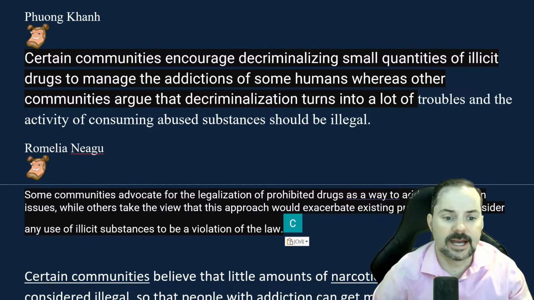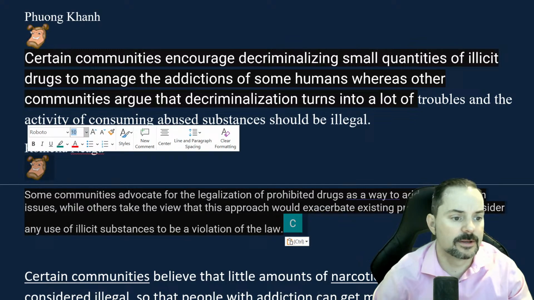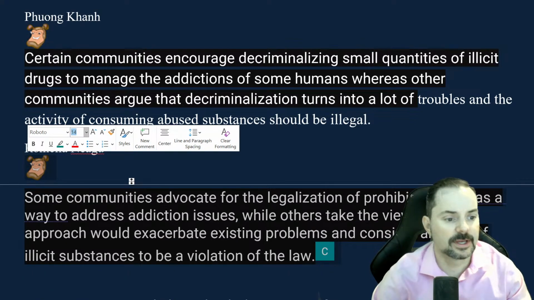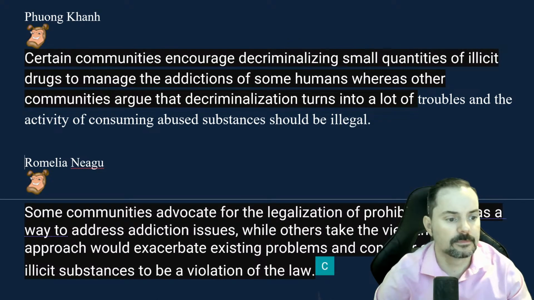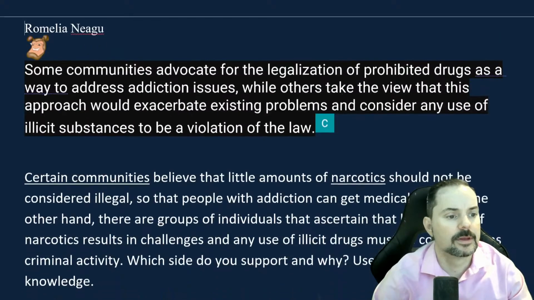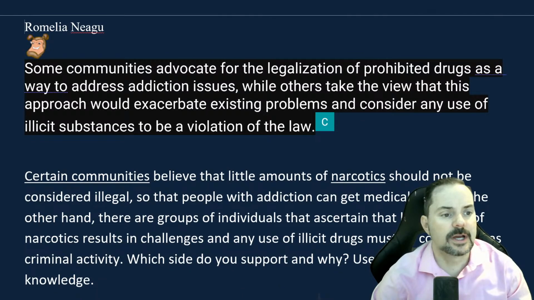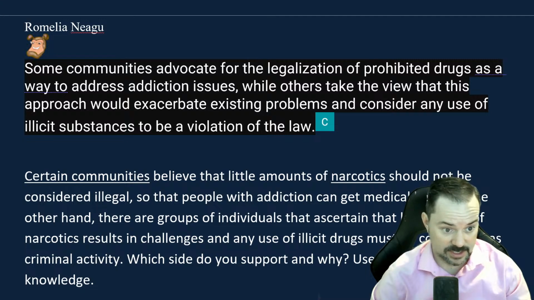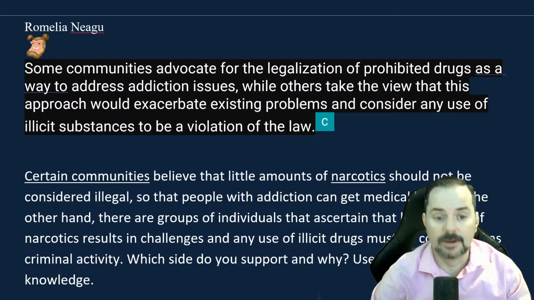So here we have Romelia's paraphrasing. Romelia writes, some communities advocate for the legalization of prohibited drugs as a way to address addiction issues, while others take the view that this approach would exacerbate existing problems and consider any use of illicit substances to be a violation of the law.